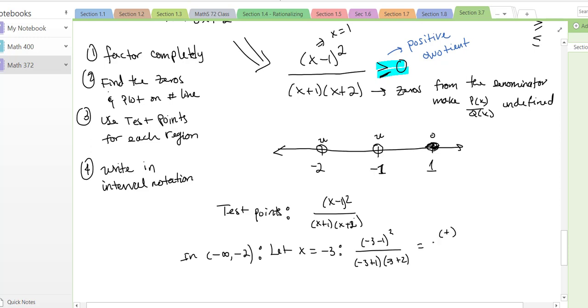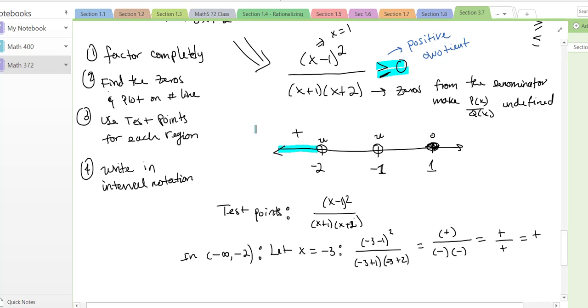Again, we don't care too much about the quantity, but the sign. So that's positive in the numerator. In the denominator, -3 plus 1 is -2, which is negative, and -3 plus 2 is -1, so it's negative. Positive divided by a negative times a negative is positive, so I get positive. The representative we chose, -3, gave us a positive, which is what we want. So we are going to shade that.